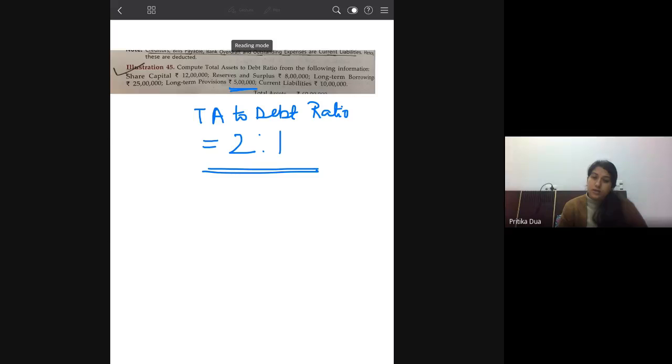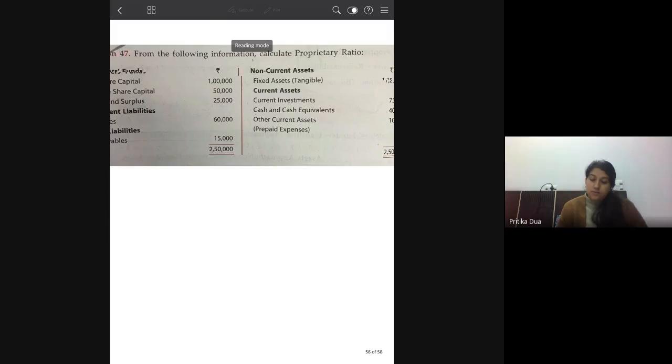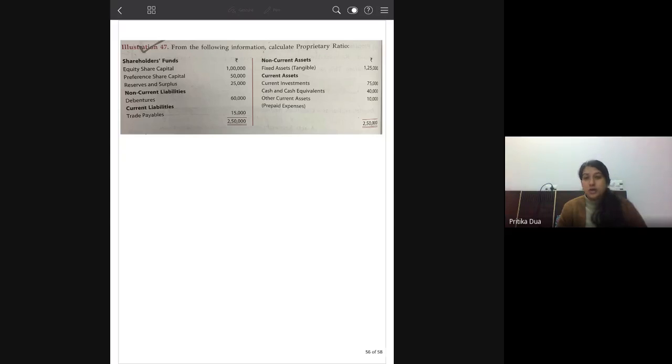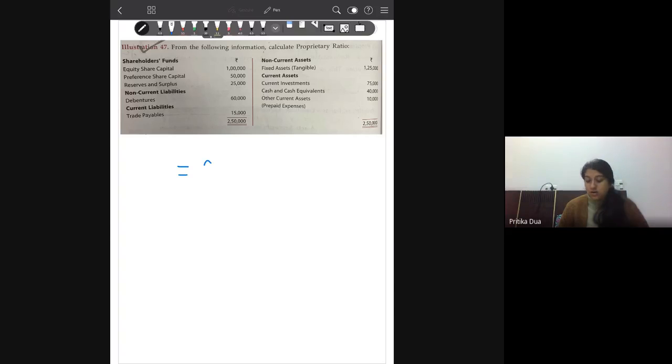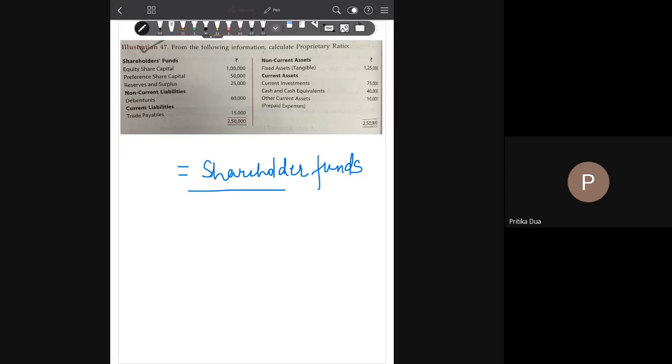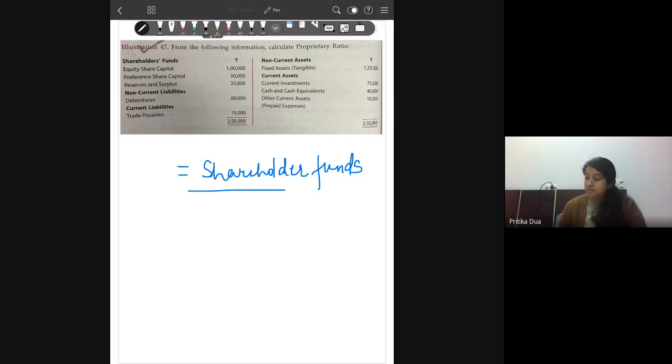So let's quickly take up one last ratio today, which is the proprietary ratio. Proprietary ratio or shareholders ratio. Now this is here. Shareholder funds divided by the total assets of the firm.